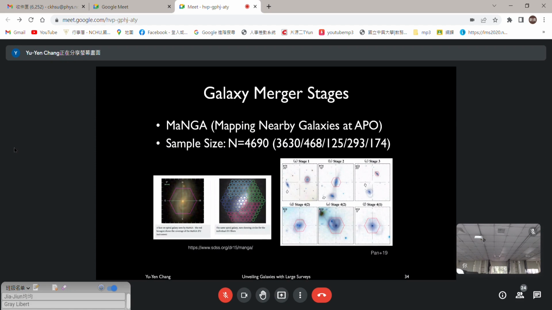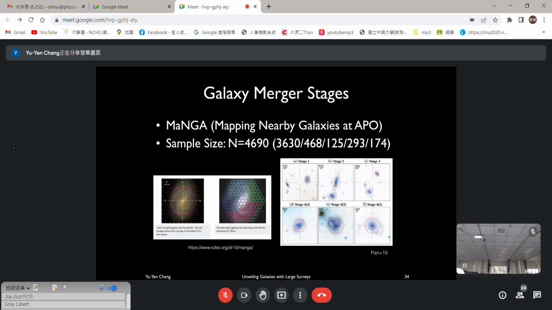About 5,000 galaxies are classified at different stages, and in this sample, about 1,000 galaxies are in any merger stages, and here are the numbers we have for different stages.